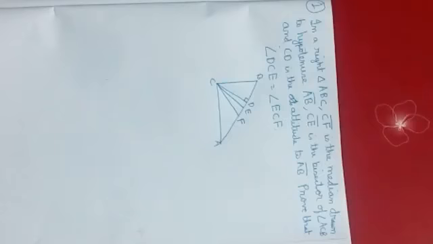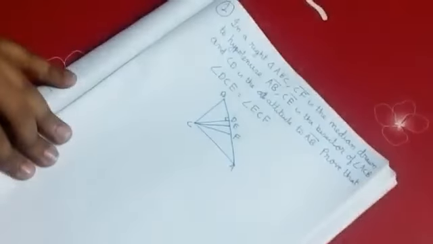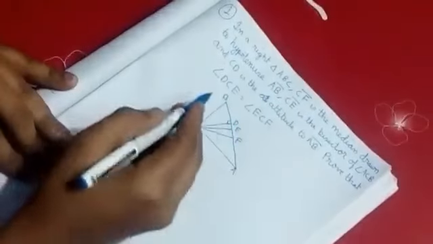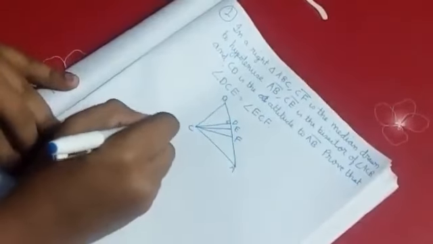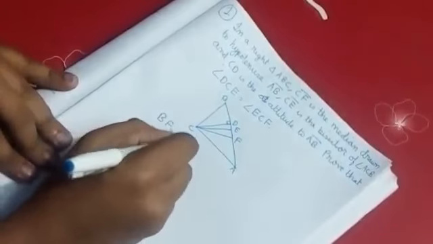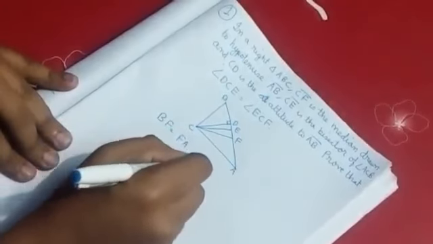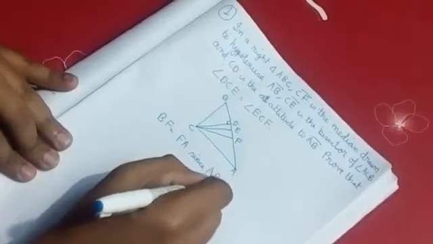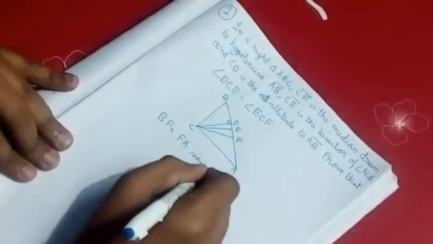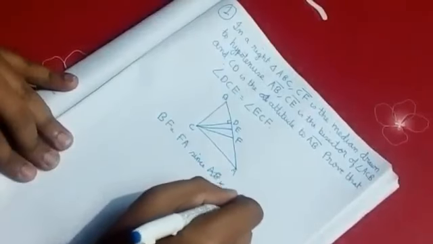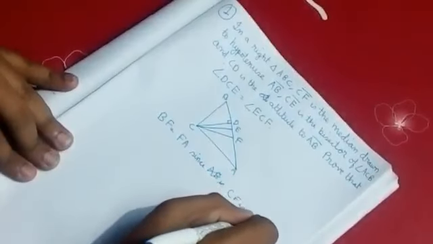I am starting with the solution. It is given that BF is equal to FA, since CF is the median to AB.